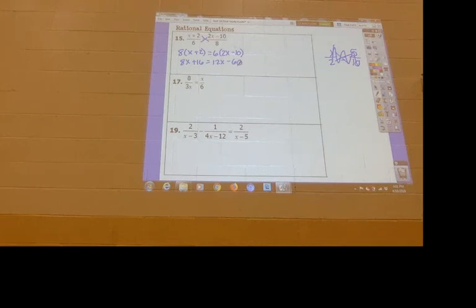Then all you have to do is solve like we've always solved. So what do you want to do? Minus 12x. Minus 8x. I would probably stick with this, but you would still get the same answer. So I get 16 equals 4x minus 60. Add 60 to both sides, and I get 76 equals 4x. Divide by 4, and x equals 19. You have solved.